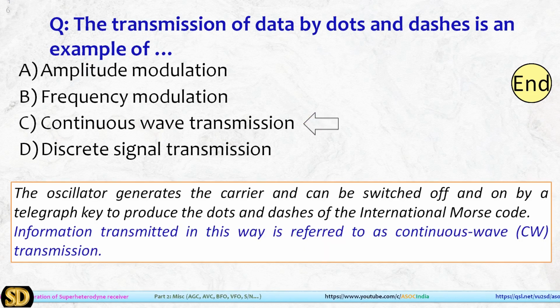The oscillator generates a carrier and can be switched off and on by a telegraph key to produce the dots and dashes of the international Morse code. This information transmitted in the wave is referred to as continuous waves, or I can say CW transmission. CW transmission is basically Morse code. I hope this one is clear to you.